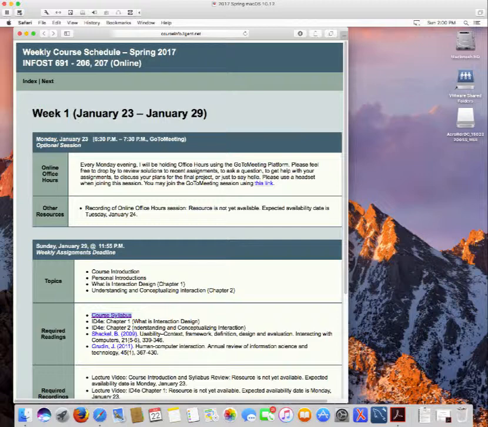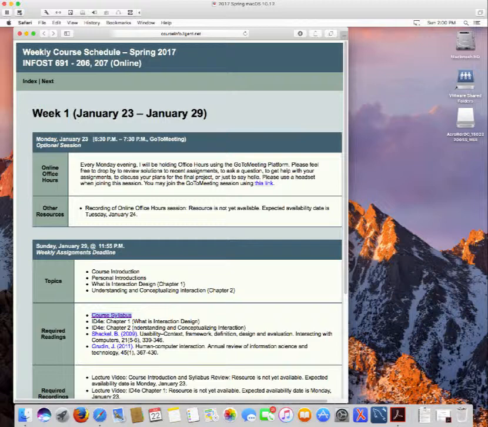What we're looking at right now is a copy of the weekly schedule, and this is a little application I put together that allows me to keep information about, well, it's a content management application for the course. So it's primarily organized by week.